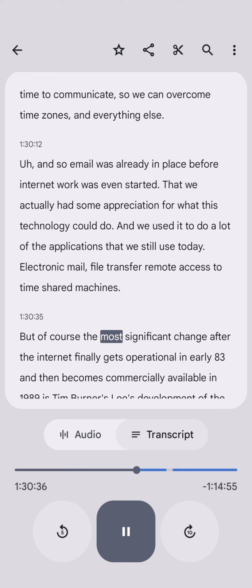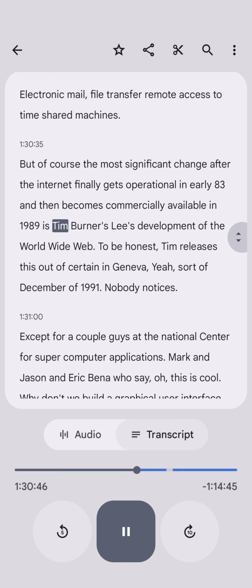But of course, the most significant change after the internet finally gets operational in early '83 and then becomes commercially available in 1989 is Tim Berners-Lee's development of the World Wide Web. And to be honest, Tim releases this out of CERN in Geneva in sort of December of 1991.